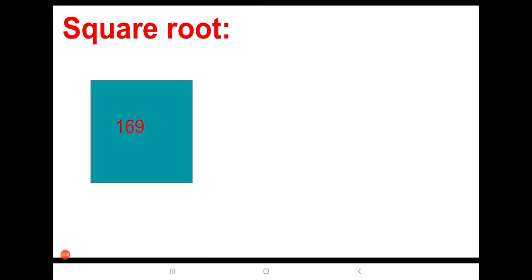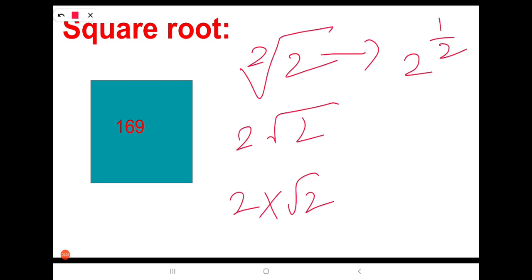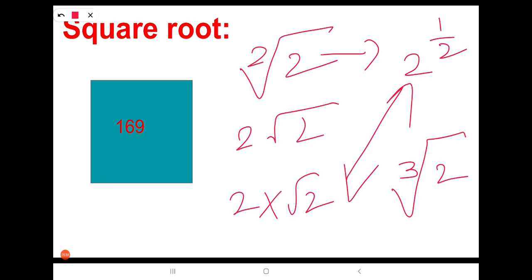This is the square root 2 and this is the 2 root 2. This we can write as 2 into root 2 and this we can write as 2 power 1 by 2. Both are different. If I write 3 in the cap, it means it is a cube root. This we can write as 2 power 1 by 3.